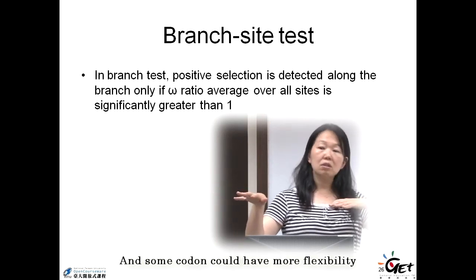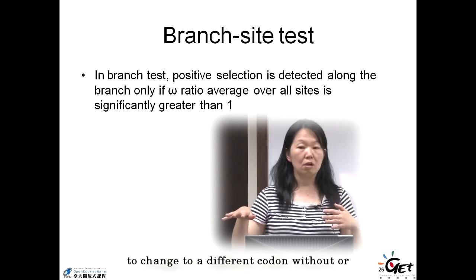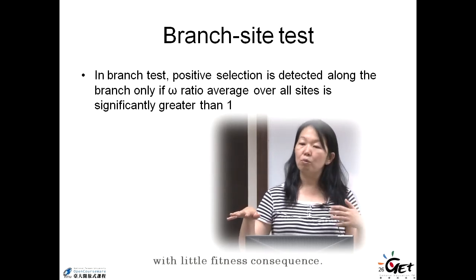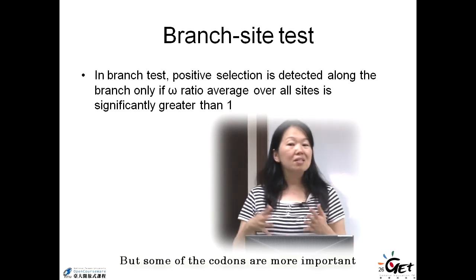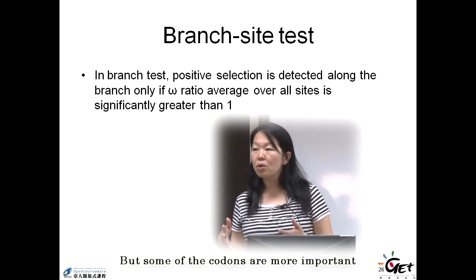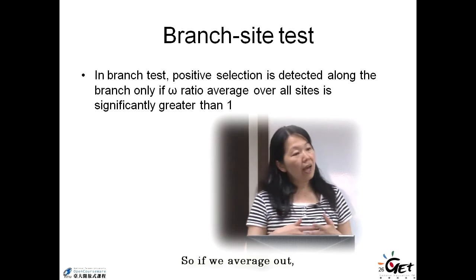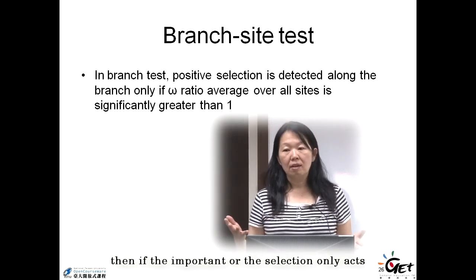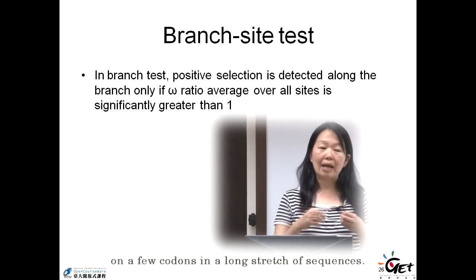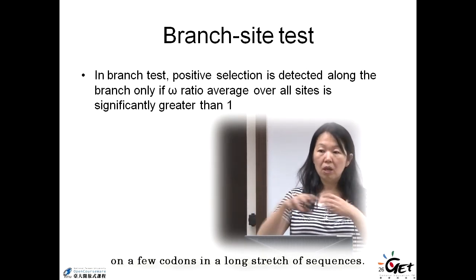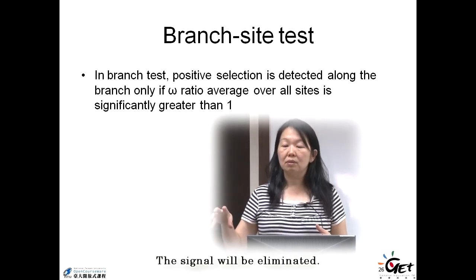It means some codons could have more flexibility to change to a different codon with little or no fitness consequence. But some of the codons are more important for the protein function. So if we average out, and the selection only acts on a few codons in a long stretch of sequence, the signal will be eliminated.